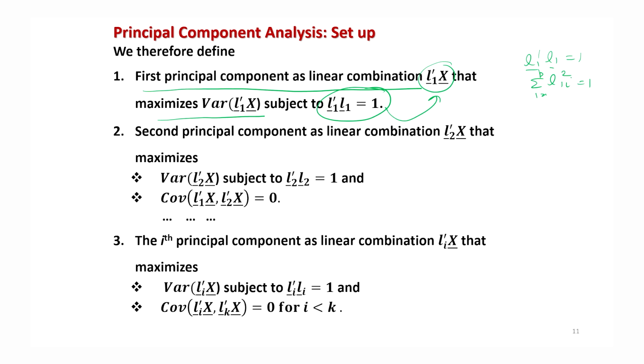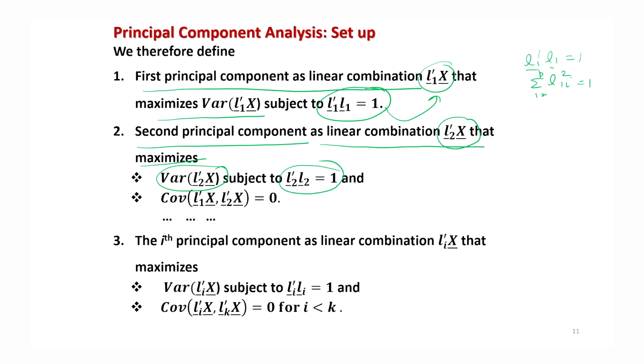Now we have to obtain the second principal component. That is going to be another linear combination, say L2 transpose X, but now I am putting one more condition: whichever linear combination has the second largest variance will be called the second principal component. So the second principal component L2 transpose X maximizes the variance of L2 transpose X subject to the condition that L2 transpose L2 is equal to 1.